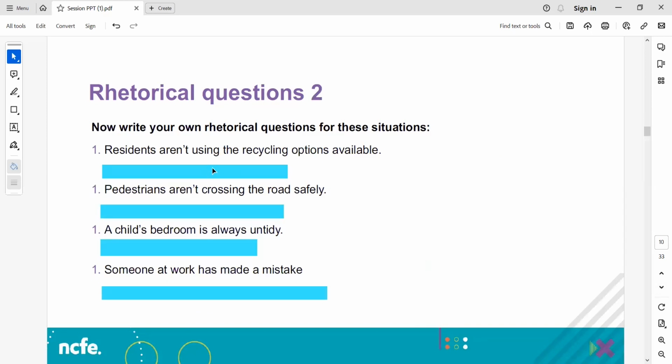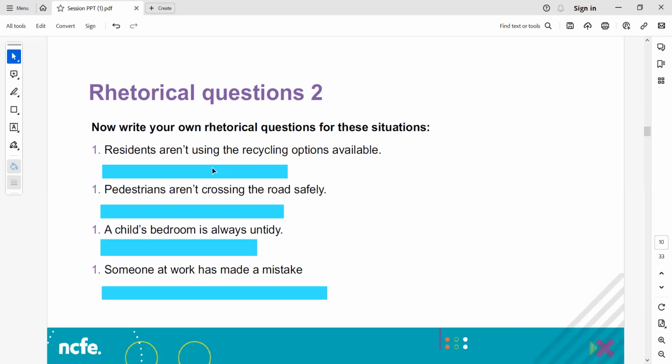So you're not rewording these, you need to read the sentence, the explanation, it's a situation, and think of a rhetorical question that you could ask in that situation. So imagine for the first one, you're writing a leaflet for the local council to encourage residents to recycle.